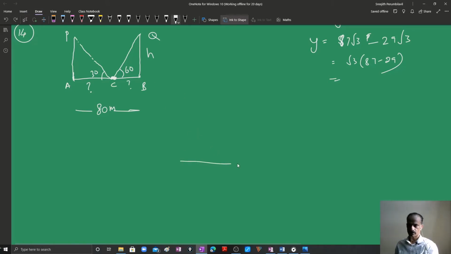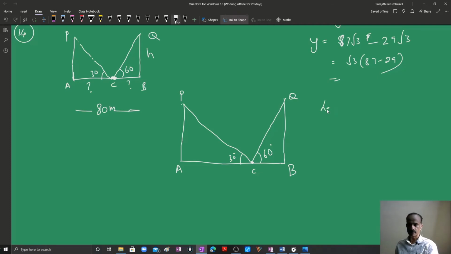There are two poles of equal height, PA and QB, and from a point in between, the total distance is 80 meters. The angle of elevations of the top is found to be 60 degree and 30 degree respectively.